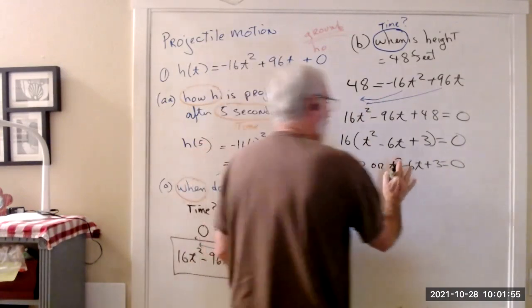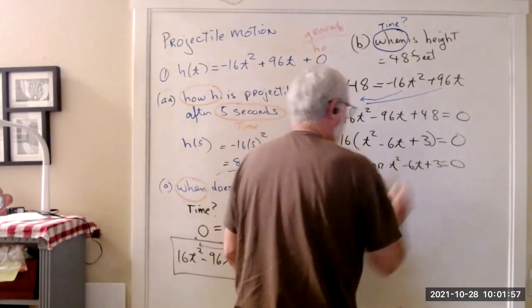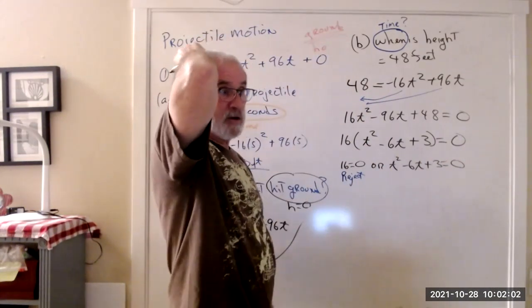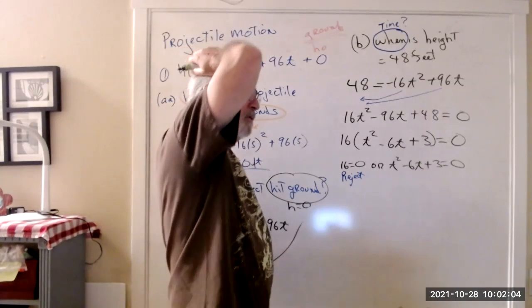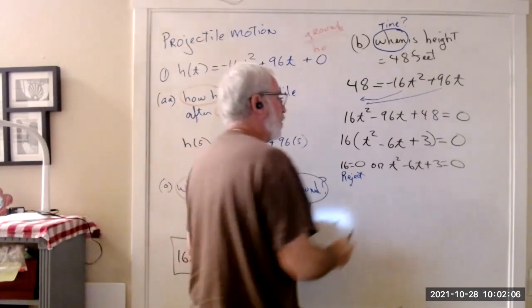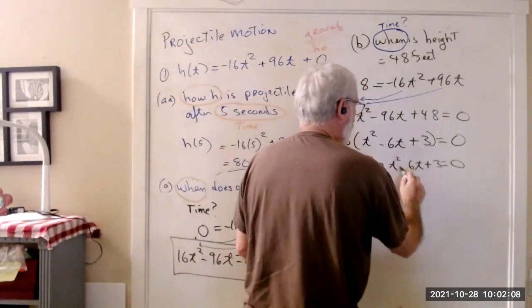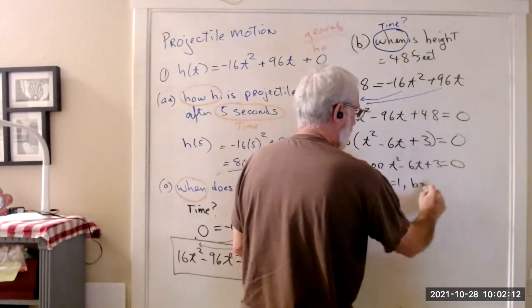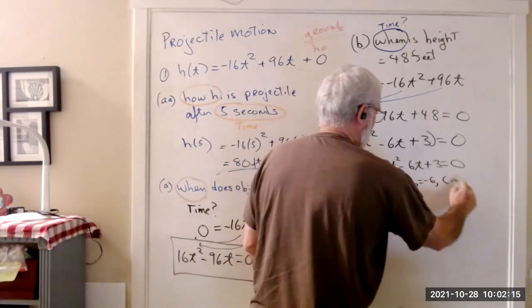Okay, so now here's the problem. How do I solve that? Because you know what? It doesn't factor. Crap, it doesn't factor. So we have to use the quad formula. A is worth 1, B is -6, C is 3.